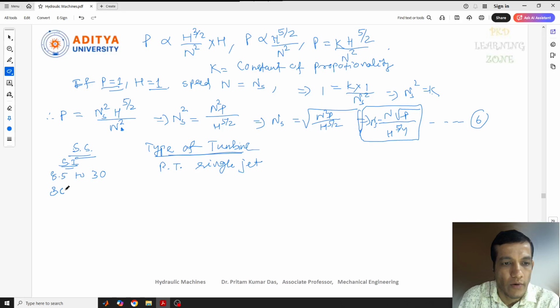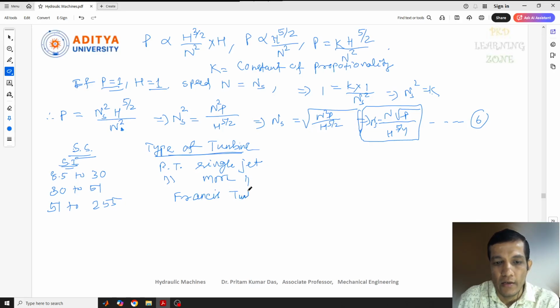Similarly, if we got the value of 30 to 51, this is also Pelton turbine, with more jets. Similarly, the value which is more than 51 to 225 or 255, suppose, will give the indication that this is a Francis turbine.